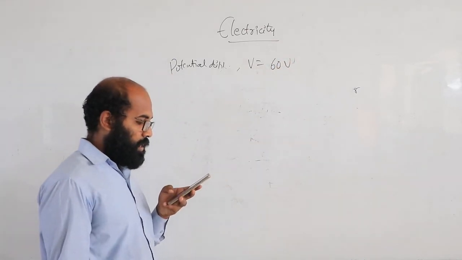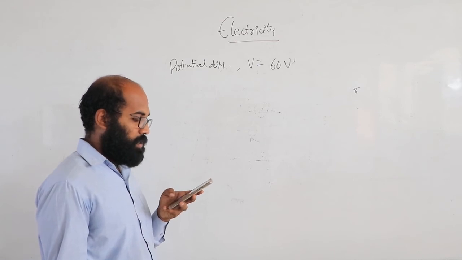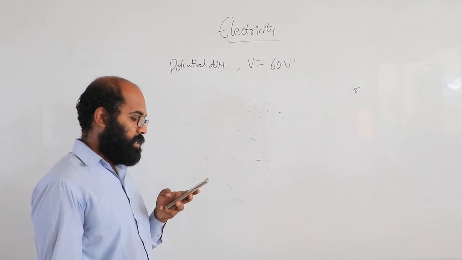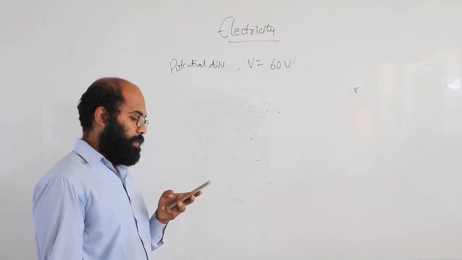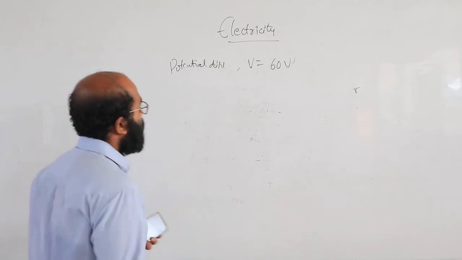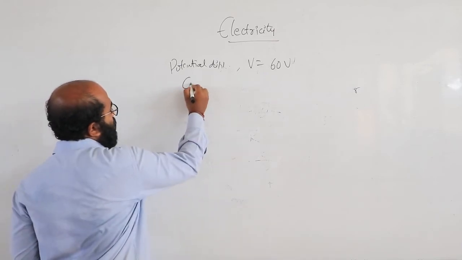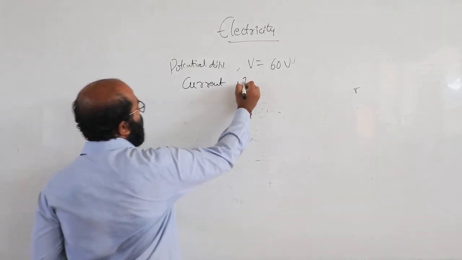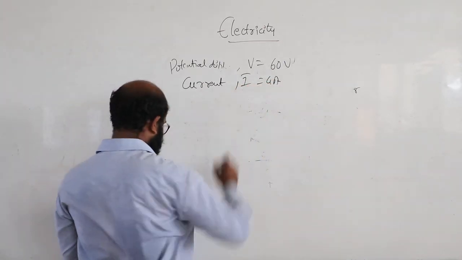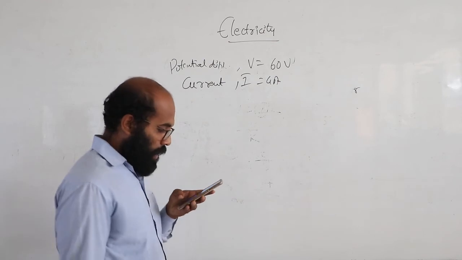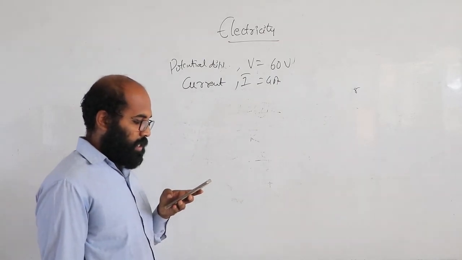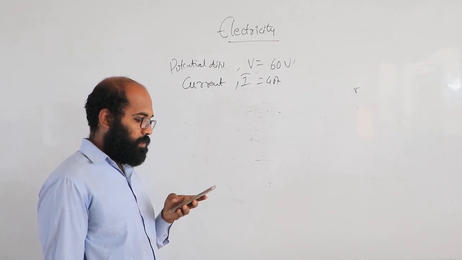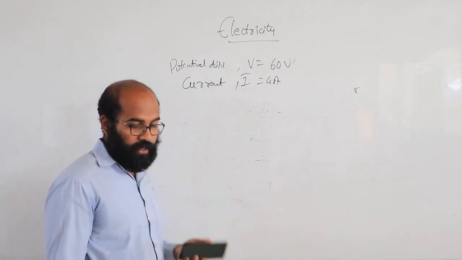When it draws a current of 4 ampere from the source, what current will the heater draw if the potential difference is increased to 120 volt?